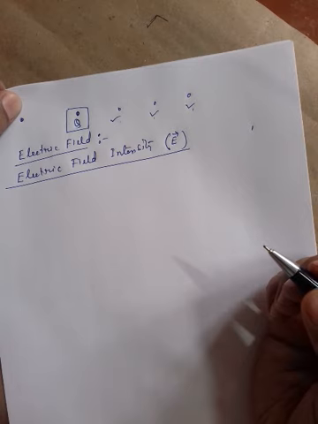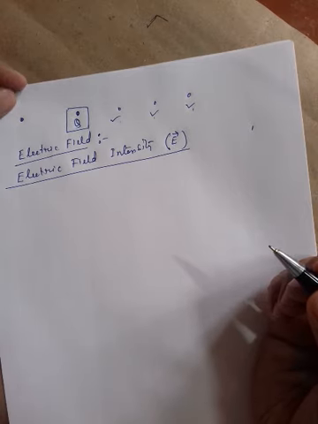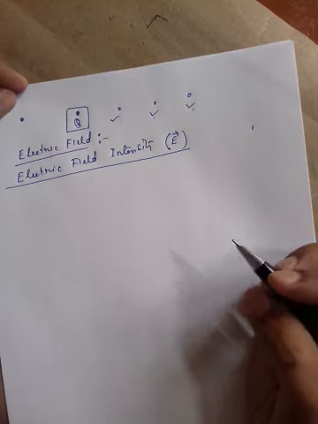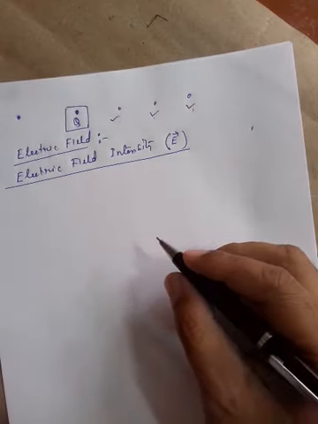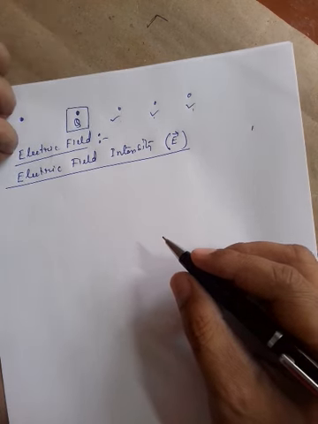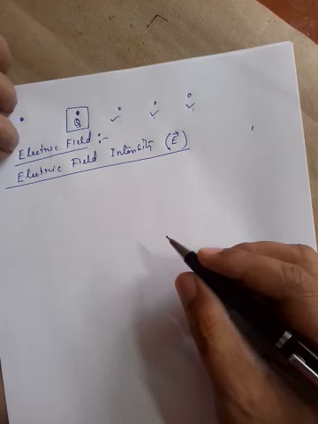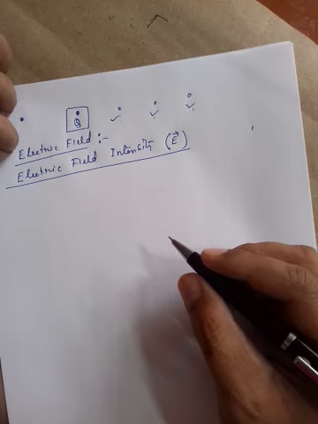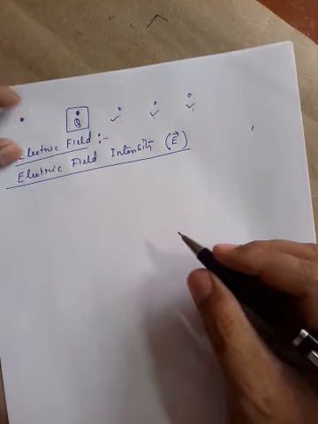Electric field intensity at a point is the force acting per unit charge placed at that point.